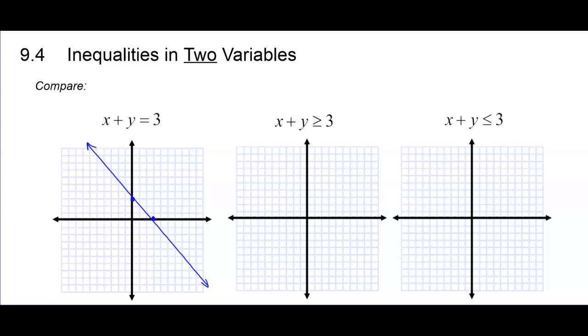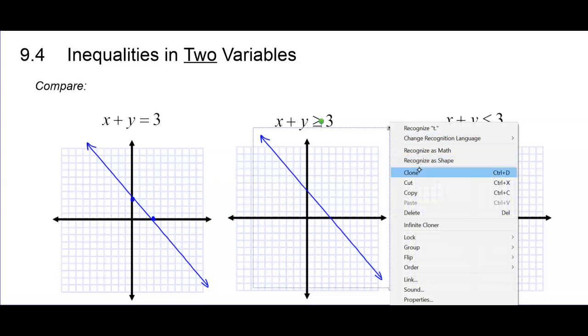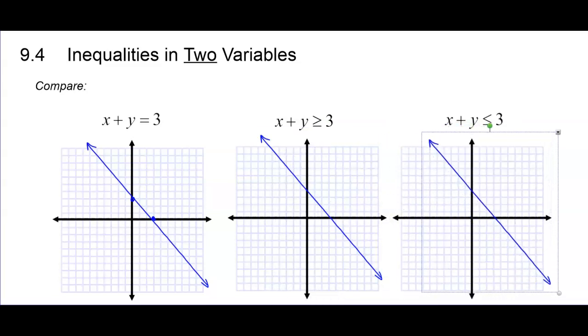Now, the next two examples both start with the same basic line, because x plus y equals 3 is still going to be part of the solution, but then there are more points that also have to get shaded in.